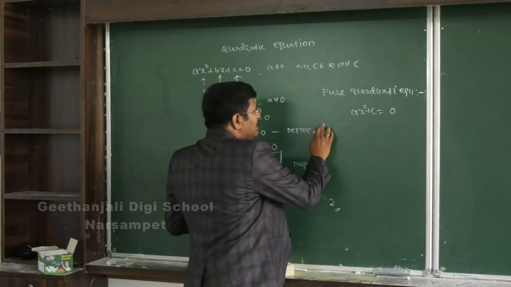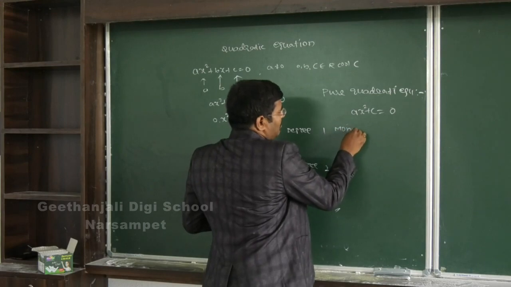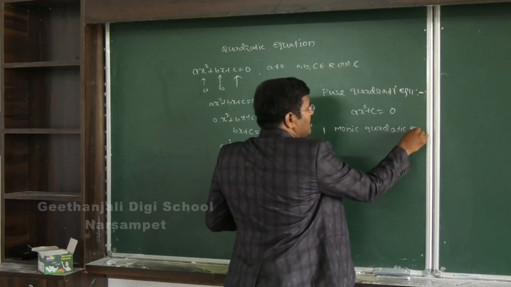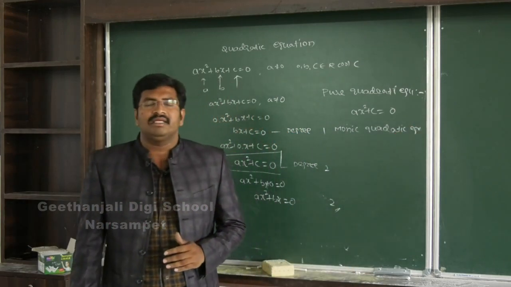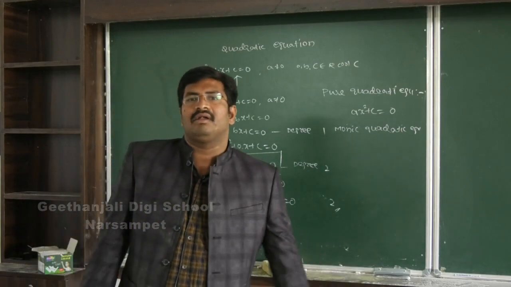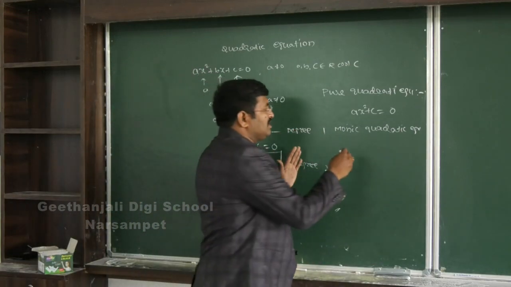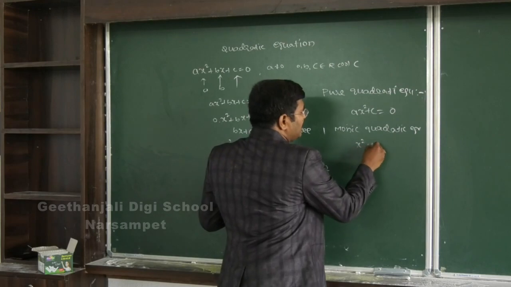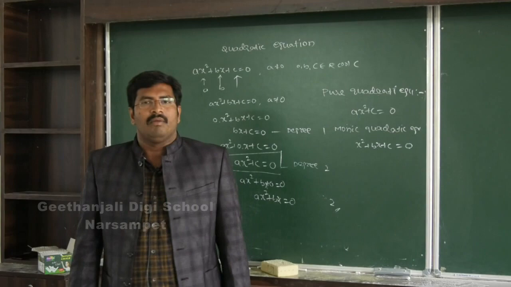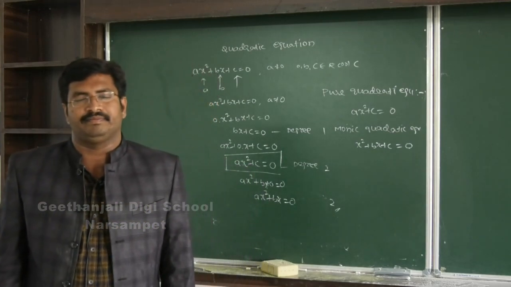Now we'll see the monic quadratic equation. The monic quadratic equation means the coefficient of x square is 1. That means x square plus bx plus c is equal to 0 is the general form of the monic quadratic equation.